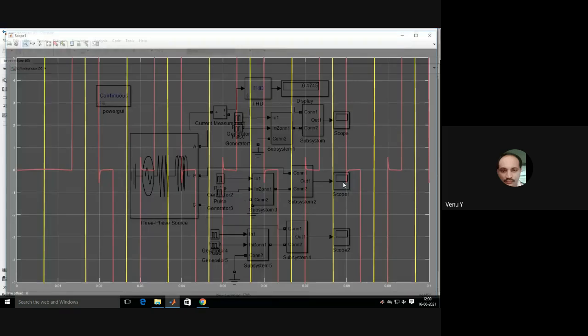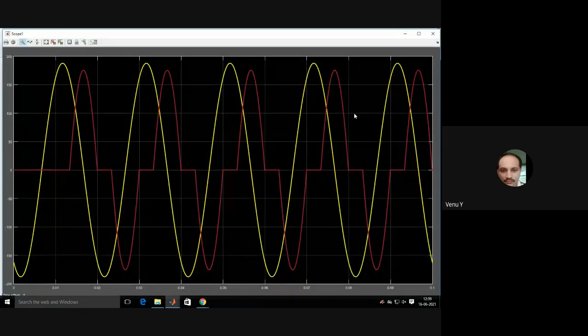Second phase, Y phase, yellow is the voltage, red is current. In the second phase also, the pattern of the voltage and current waveforms is the same.